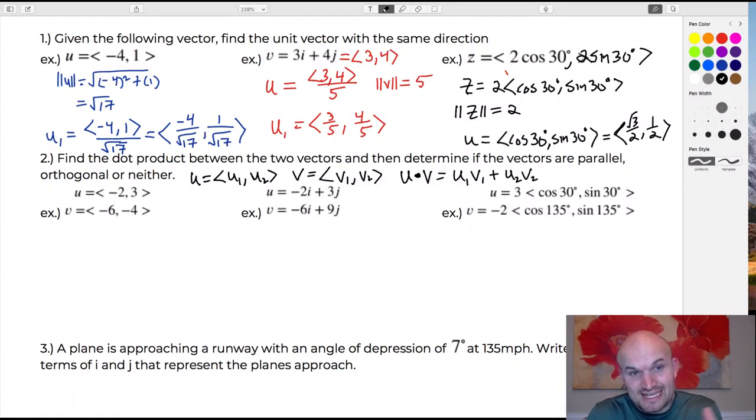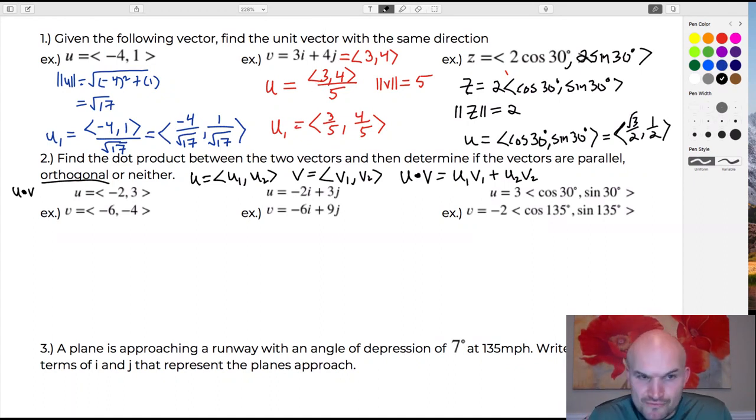Okay, so that's going to give us a scalar. And when the dot product is equal to 0, we know that we have orthogonal vectors, or perpendicular vectors.